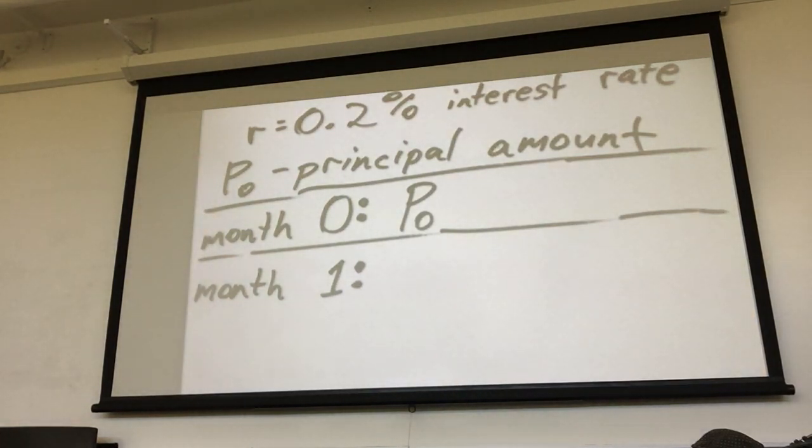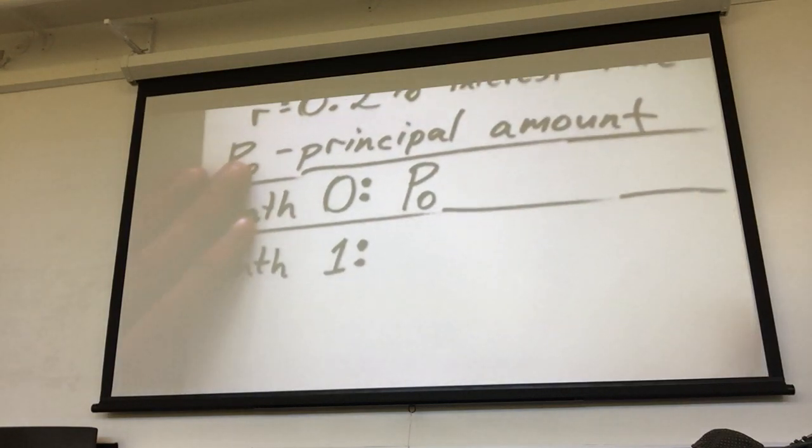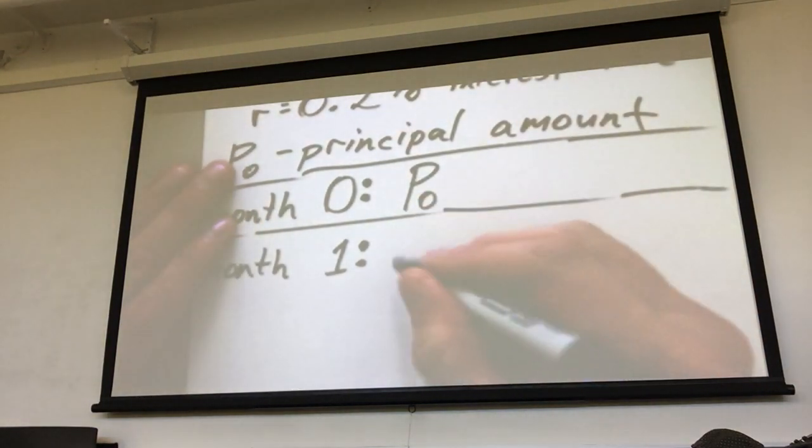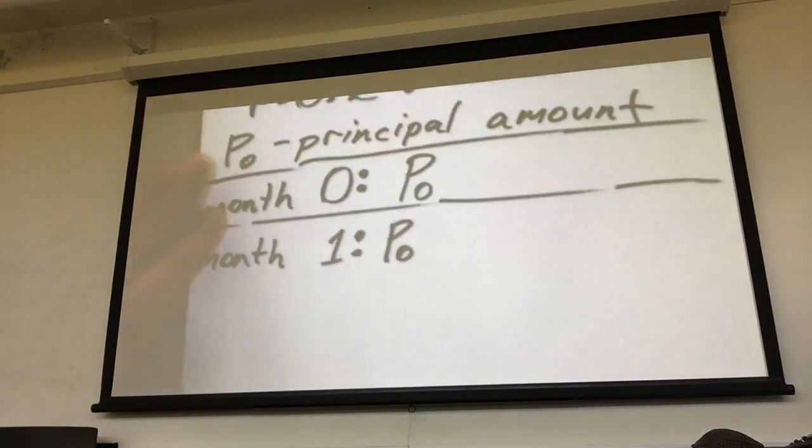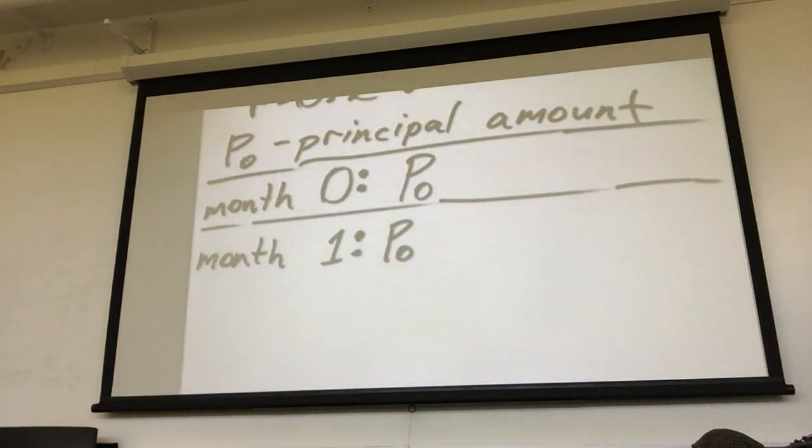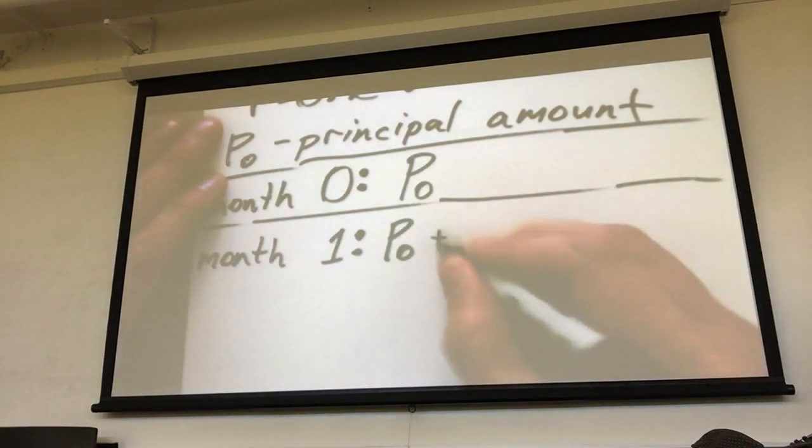Okay. Well, after 1 month, it's going to take the principal amount existing within your bank account. Okay, so P naught was already inside of it. All right. And what is it going to add?